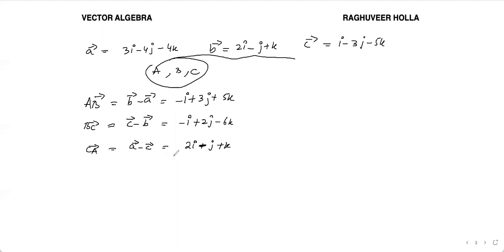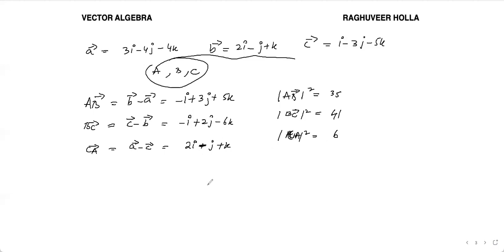If you look at this, mod of AB whole square will be 35, mod of BC whole square is 41, and mod of CA whole square is 6.